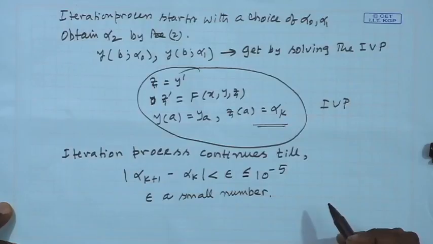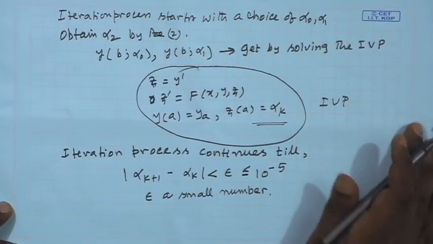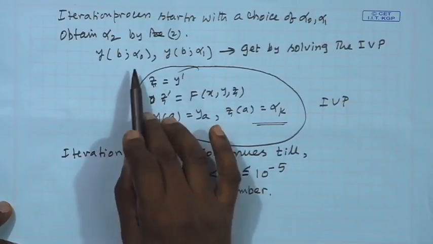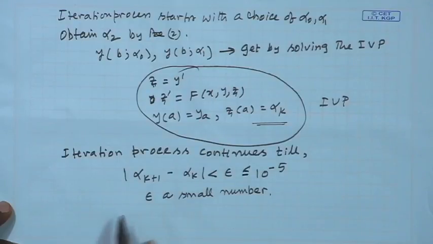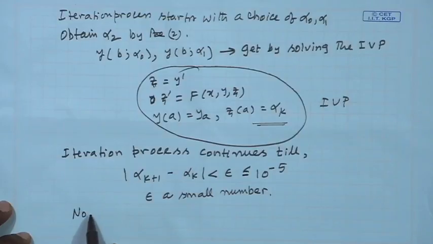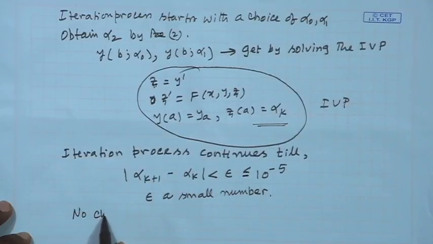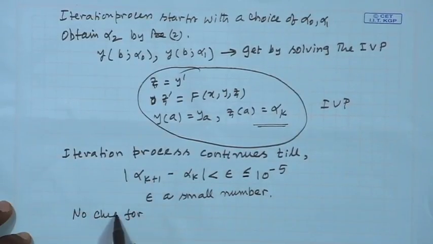One of the difficulties in the shooting method is how to choose the guess solutions alpha 0, alpha 1. There is no clue; the problem does not provide a clue for alpha 0, alpha 1.